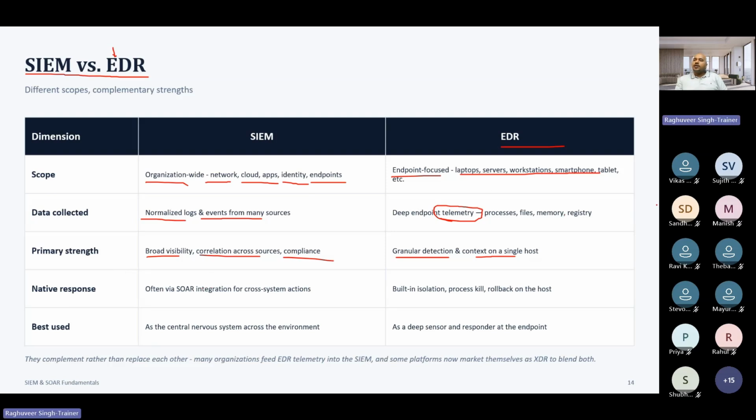Then comes EDR. When it comes to response, EDR has built-in response: process kill, rollback on the host. That's what EDR does. So if EDR identifies any active encryption activity, some ransomware trying to encrypt files and folders, EDR will be quick to kill that ransomware process and roll back that activity. That's what EDR does.